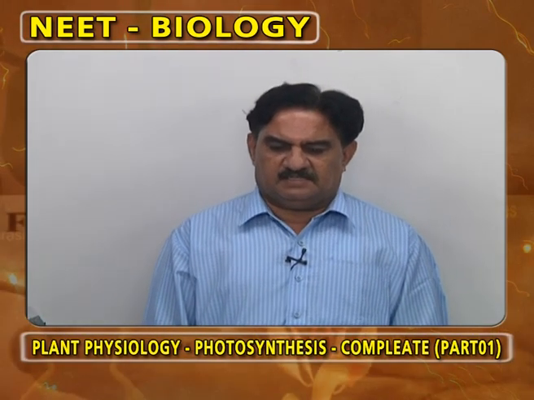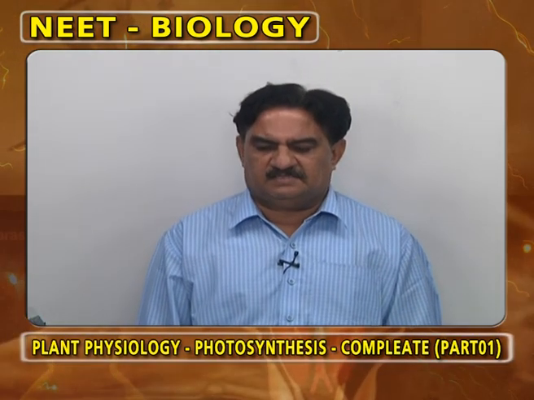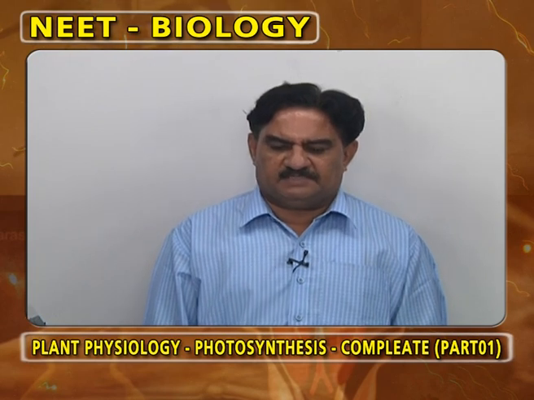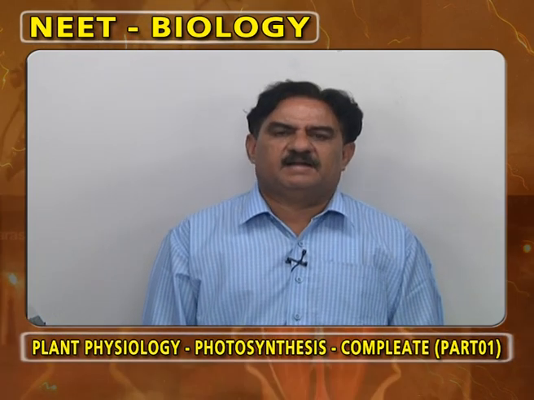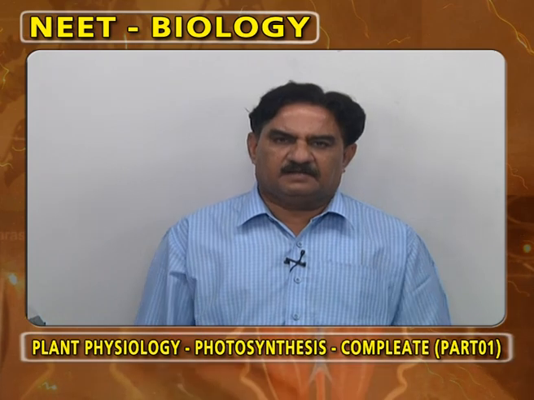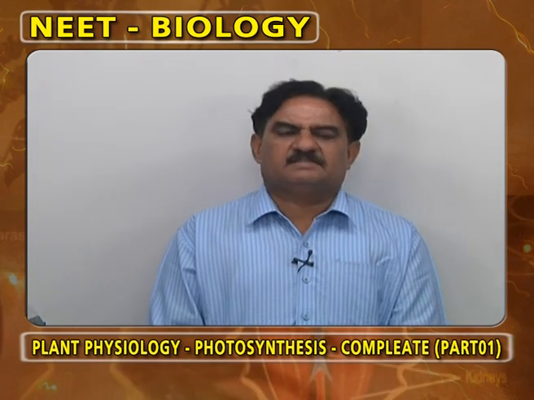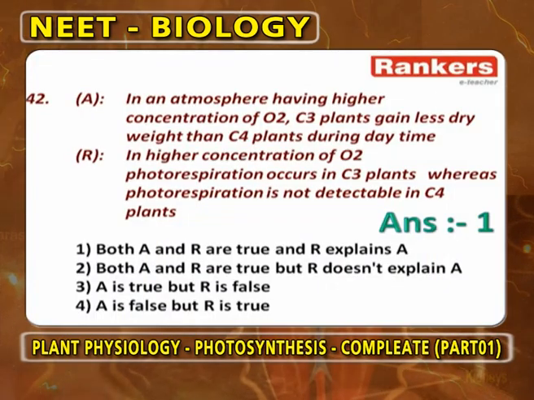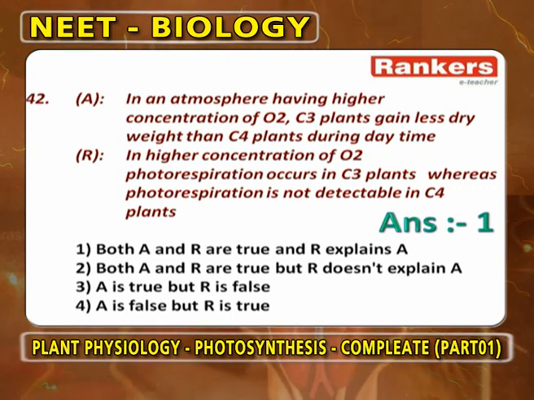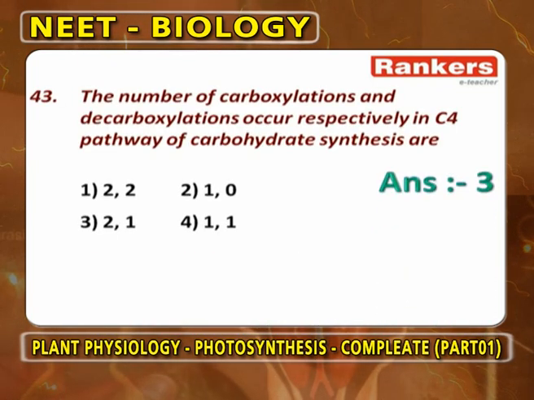This is regarding photorespiration. In C4 plants photorespiration is not detectable, while in C3 plants maximum photorespiration occurs. When oxygen is more, the C3 plant takes more oxygen, and definitely there is less dry weight in C3 plants. So A and R are correct, and R is the correct explanation of A. This is regarding photorespiration in C3 and C4 plants.